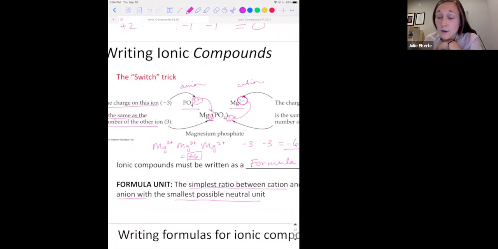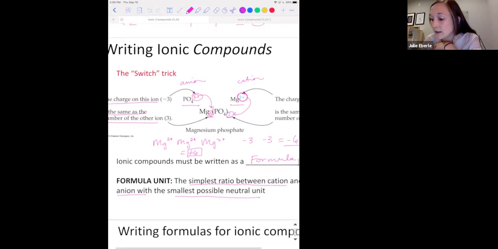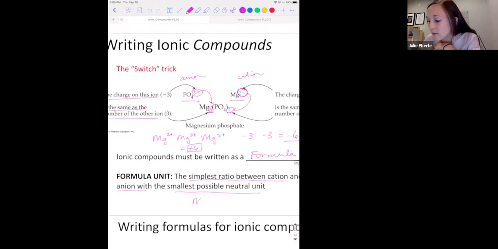Okay, because here's the deal. You could have a charge neutral unit even if you had this, Mg6(PO4)4. Let's check that. We know magnesium is up here, a +2 cation. So if we have 6 of them, we're going to do 6 times +2, because each one is a +2 charge.